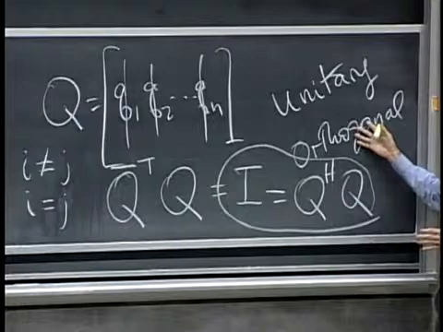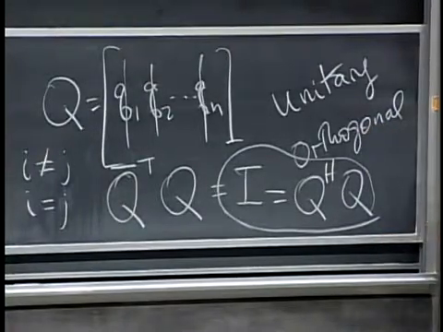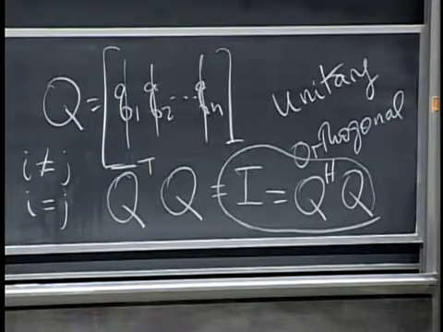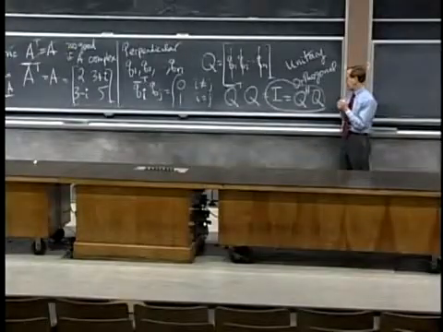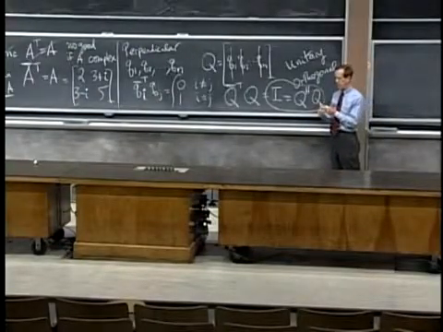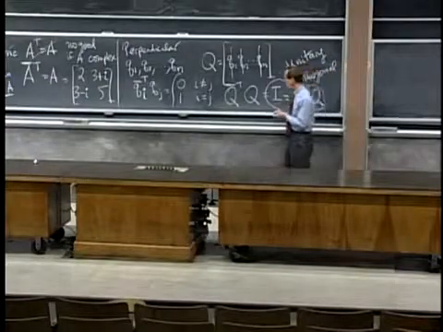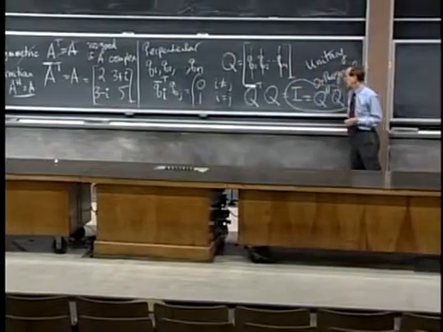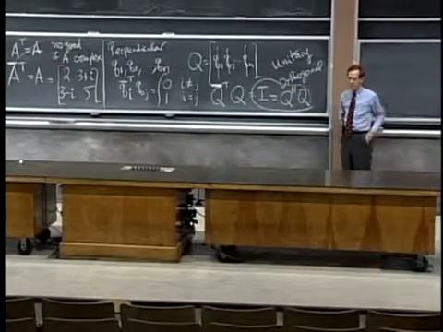It's just like an orthogonal matrix. It's a square n by n matrix with orthonormal columns, perpendicular columns, unit vectors, with lengths and perpendicularity computed by remembering that there's a conjugate as well as a transpose. Okay, so those are the words.